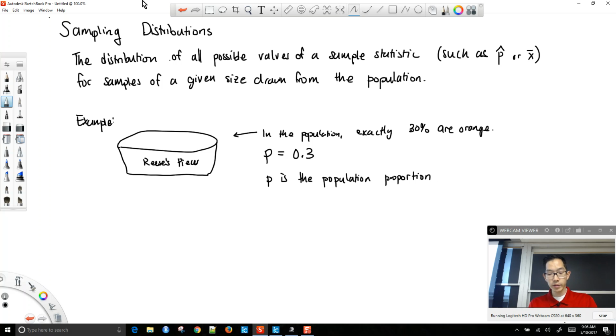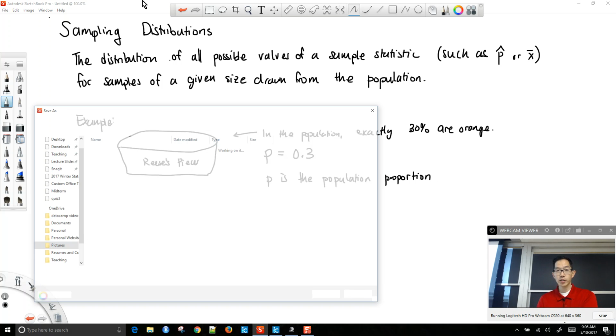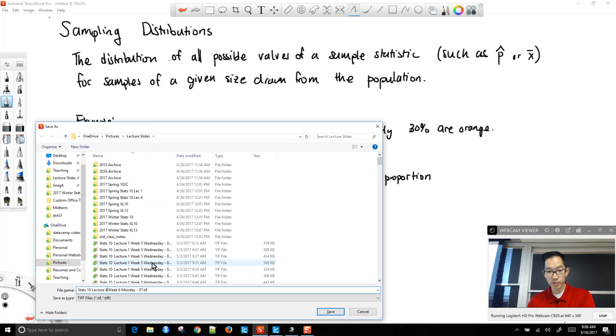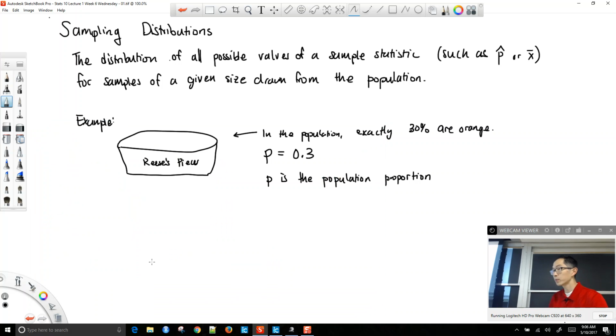And what we have is that if I draw a random sample from this population, then we might get different values of p hat. We want to know what is the distribution of the different values of p hat.